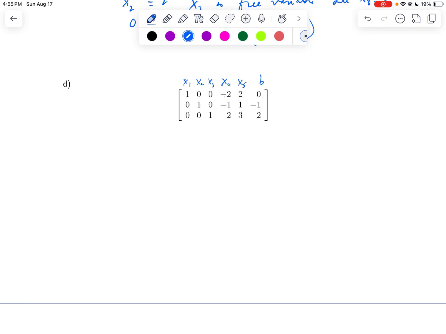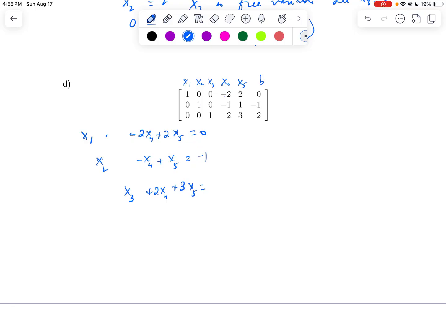So write the equations: x1 minus 2x4 plus 2x5 equals 0. x2 minus x4 plus x5 equals -1, and the third one is giving me x3 plus 2x4 plus 3x5 is equal to 2.